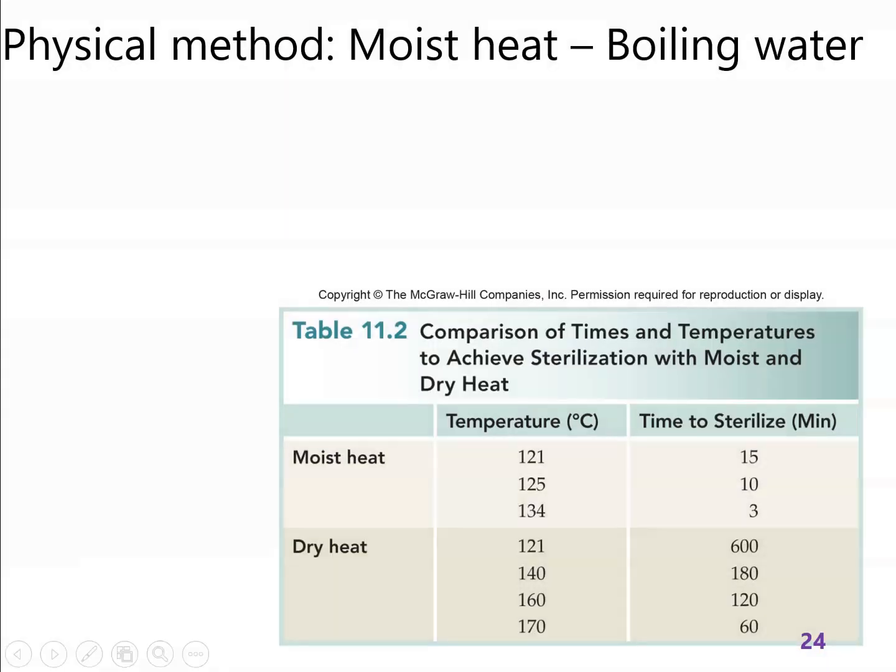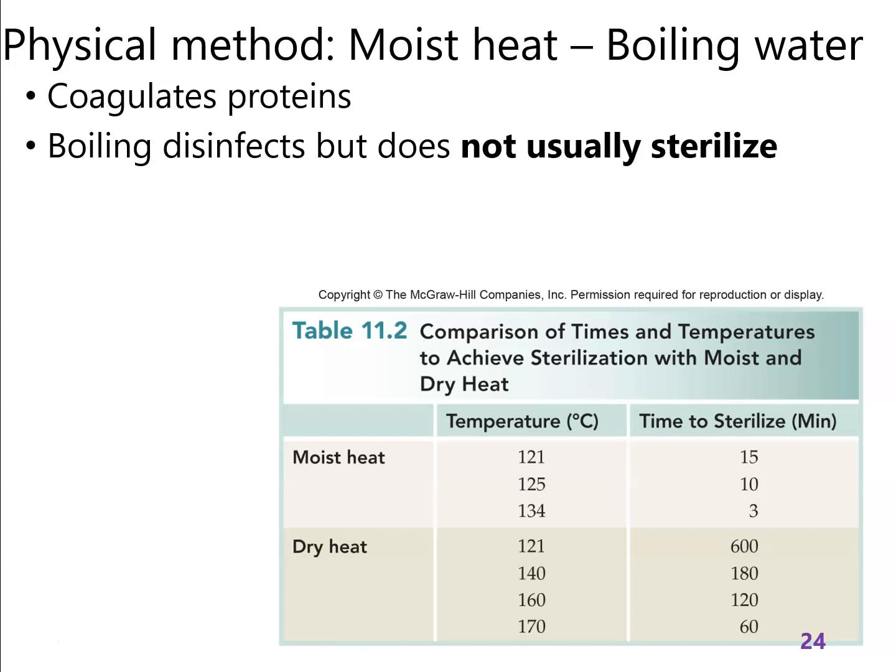So the first one is boiling water, and this one everyone can do in their kitchen. And boiling water is a form of moist heat. We're going to see boiling water and steam as the two types of moist heat, or heat where air has water involved in it. And what boiling water does is coagulate proteins, but it can't really do that to endospores.